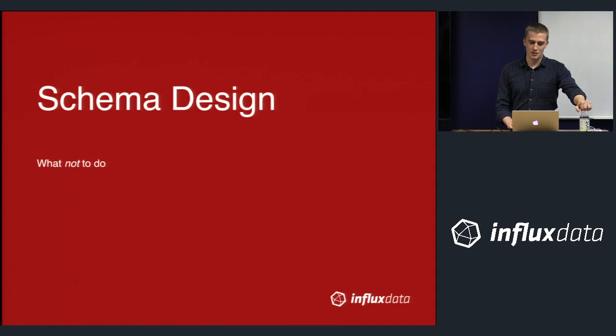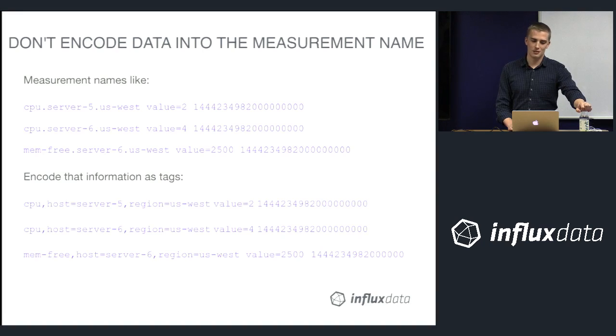So I'm going to do some quick what to do and what not to do, and it's mostly going to focus on what not to do. So basically, when you're designing your InfluxDB schema, we see a lot of people coming from Graphite and other time series databases, but mostly this happens in Graphite.